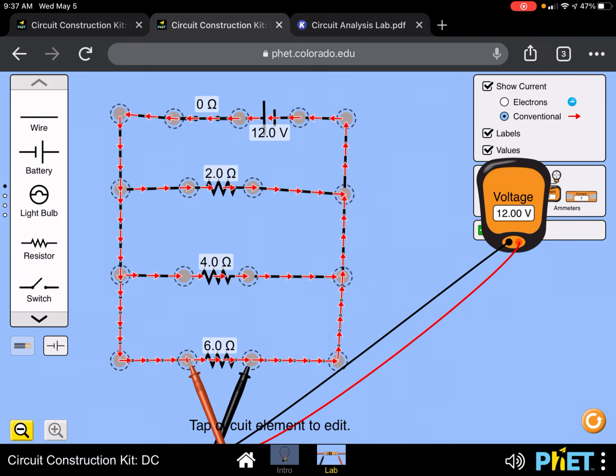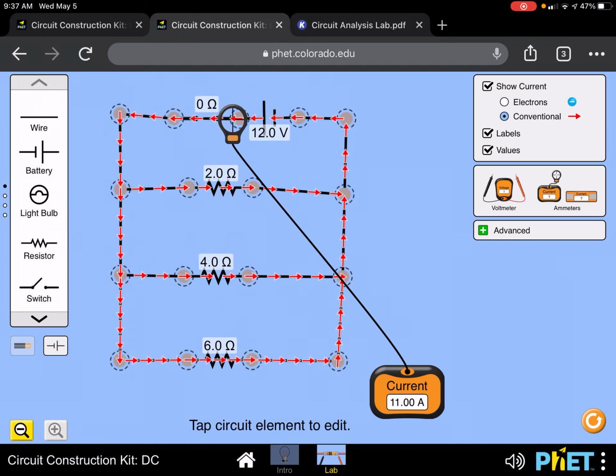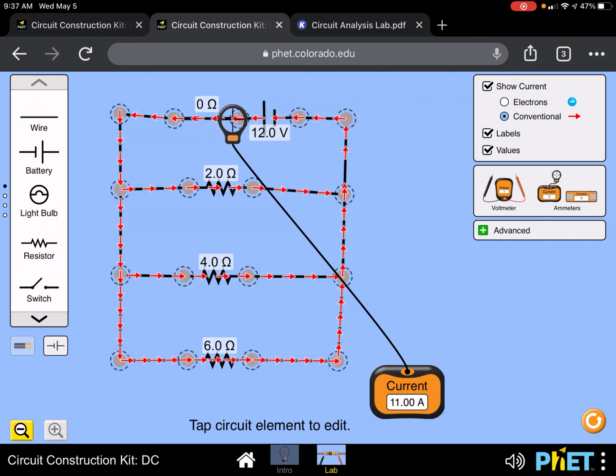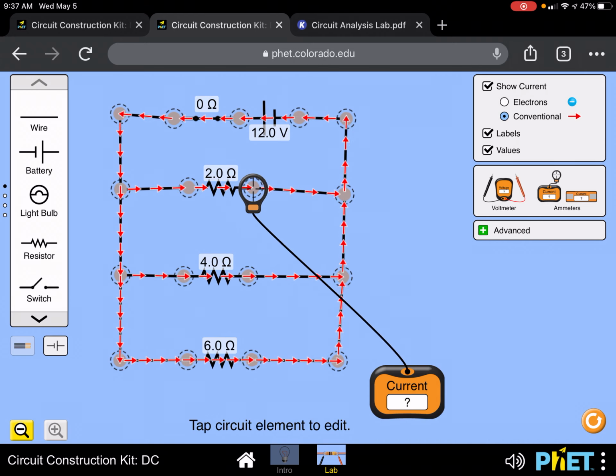I'm going to go ahead and put the voltmeter away, take the ammeter out. Putting the ammeter right here, we can see the total current is 11 amps. Let's record that. Now I'm going to take the ammeter and put it after the first light bulb.